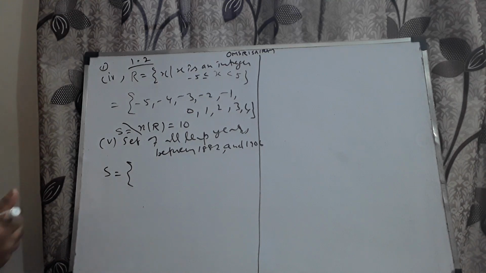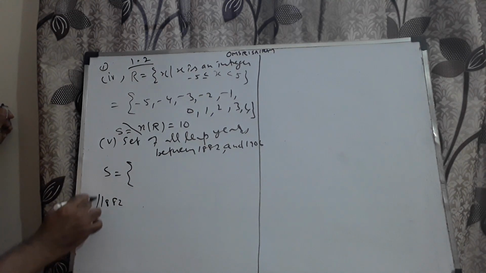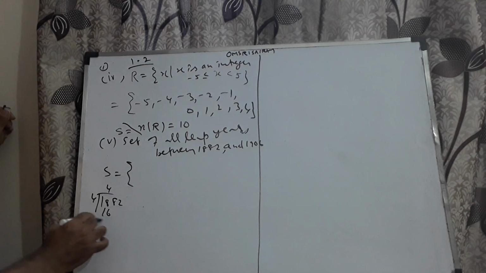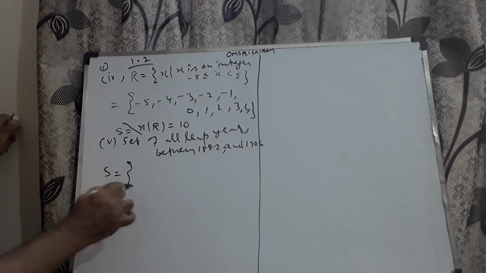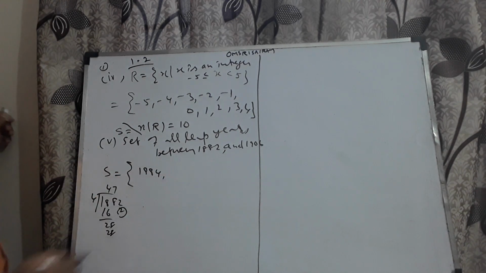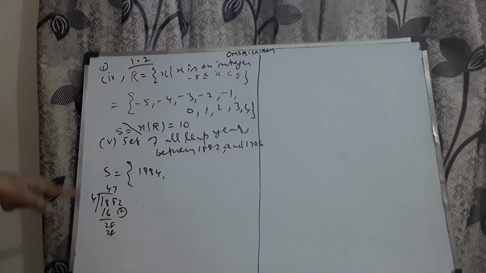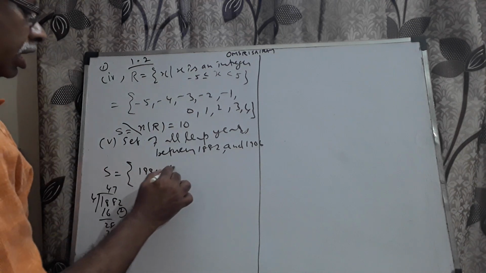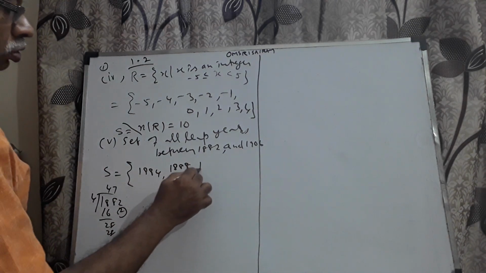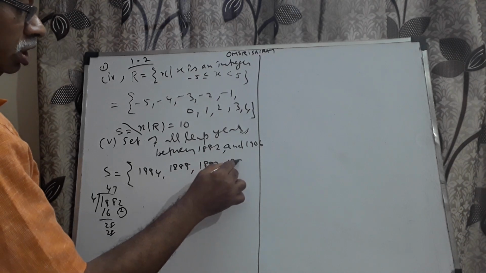If you think about 1882 divided by 4, 4 4s are 16, then 7 4s are 28, which gives a remainder of 2. So we can find the first leap year after 1882, then keep on adding 4: 1892, then 1896.